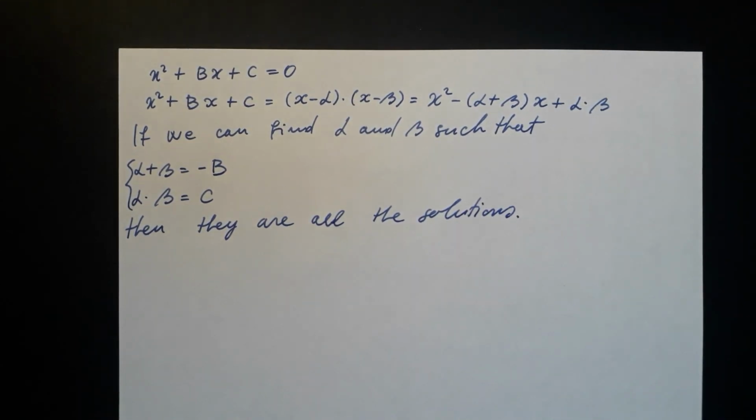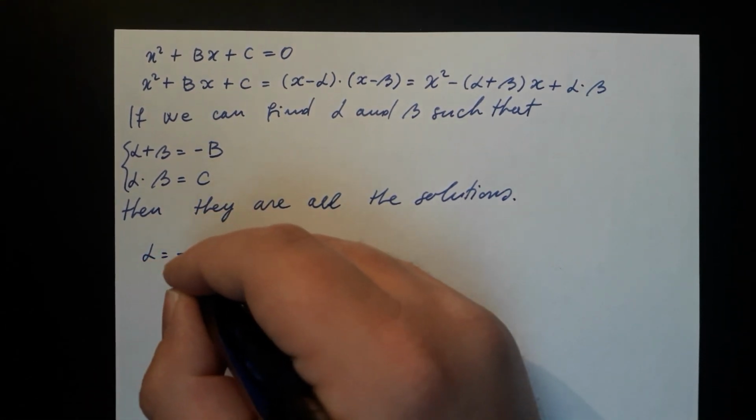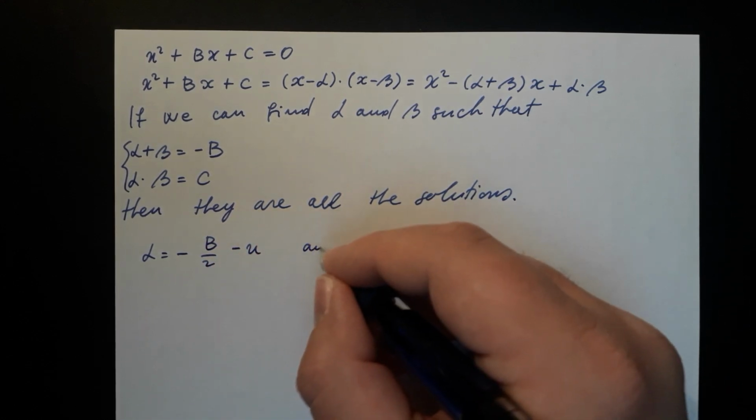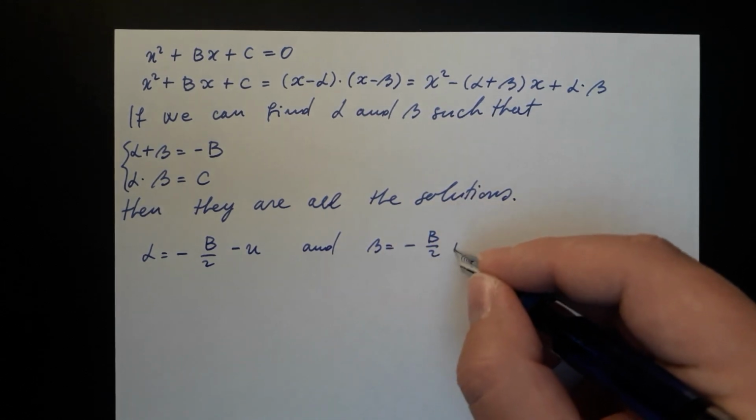Just as before, in order to get the sum of negative b, we just need to get an average, which is negative b half, to get that. So we need u such that alpha is equal to negative b over 2 minus u, and beta is equal to negative b over 2 plus u.